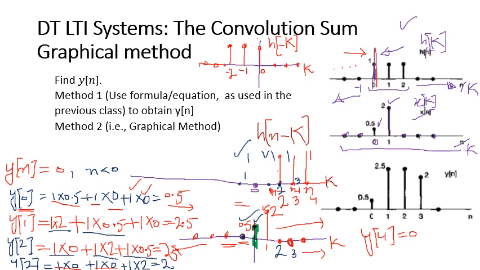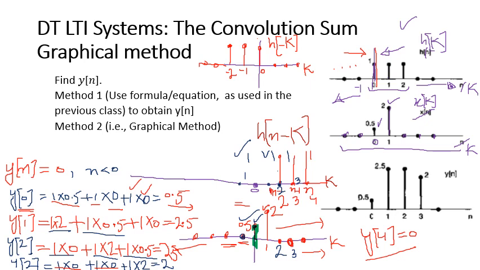Again at third index, the response is 1, but the input signal is 0, so the product is 0. Again at second position, the response is 1, but the input signal is 0, so the product is 0 and the sum of products is also 0. So we can say y of 4 will be equal to 0, and it will stay 0 for all the remaining values.